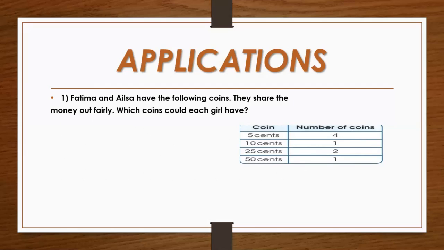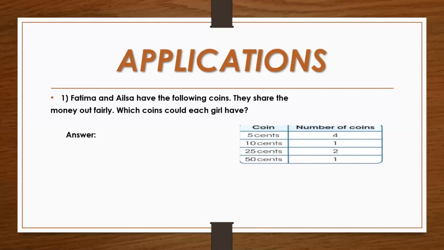So to find the answer for that statement, we need to know the total amount, the total money with them. Then only we can share the money out fairly, right? So we will start the answer by finding the total money first. Then we will share the money out fairly. After that, we will find the main answer, which coins could each girl have.